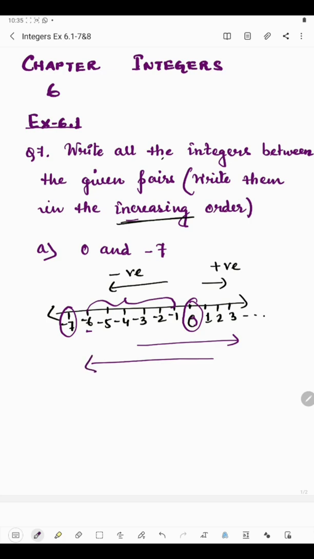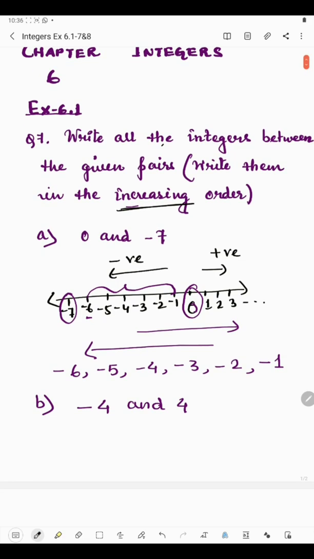So -6 is the smallest one among this. So we'll start with -6. So -6, -5, -4, -3, -2, -1.